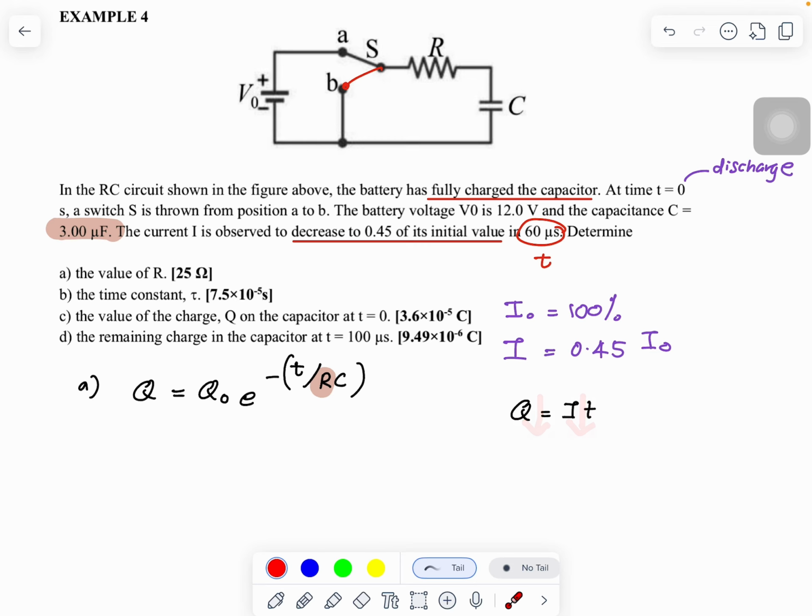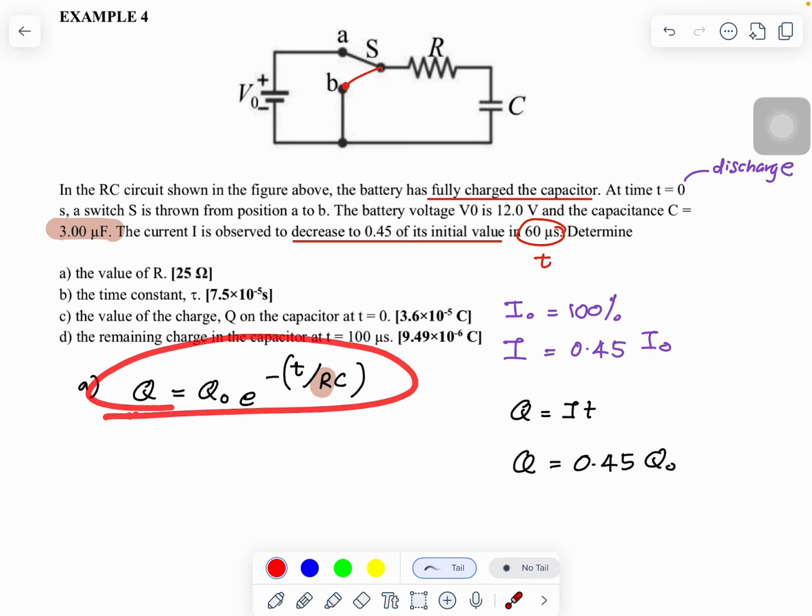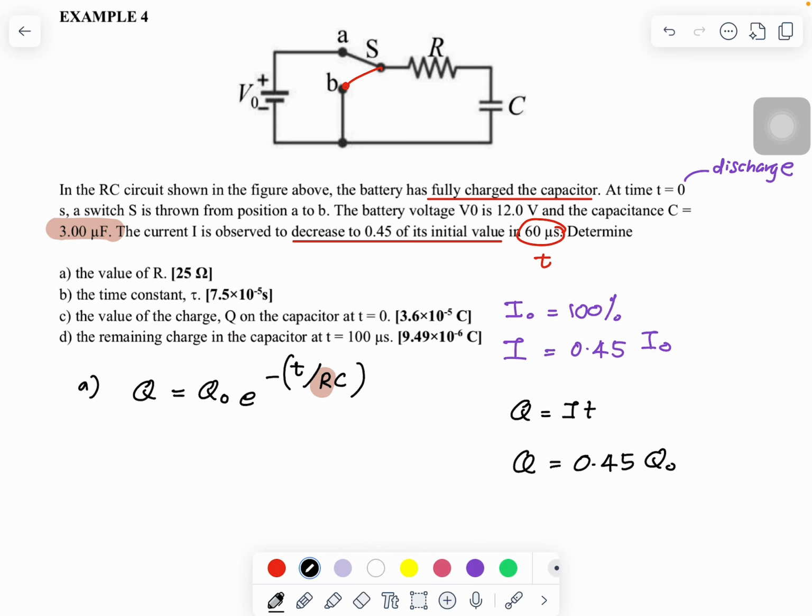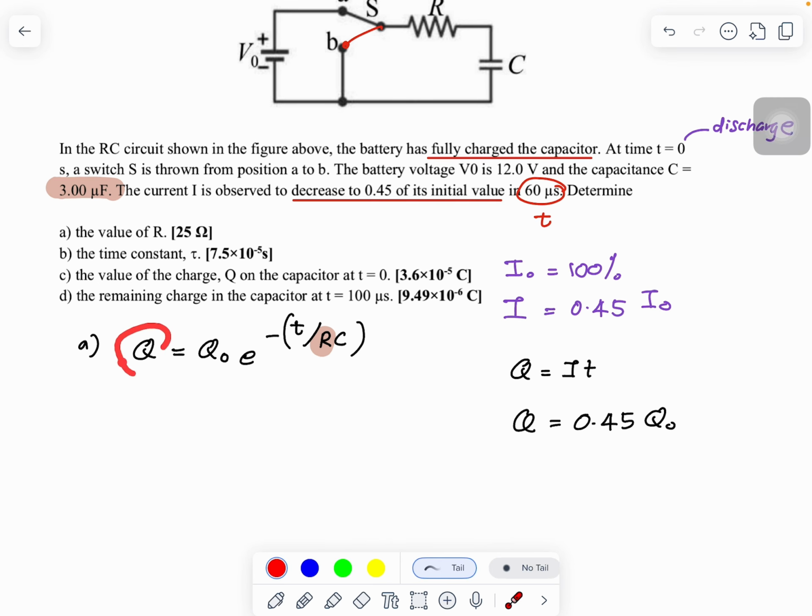So kita juga boleh tulis dia sebagai Q equal to 0.45 Q naught. Dalam syllabus kita punya formula adalah in terms of charge, so masukkan di sini.